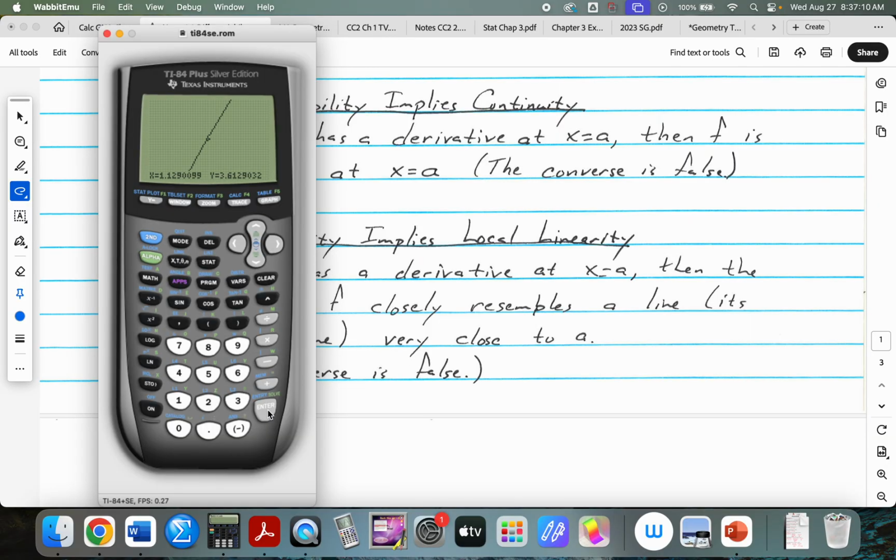I've only zoomed in 4 times, which is not a ton, and that very much is starting to look like a line, right? If a function is differentiable at any point, if you zoom in enough, it's going to look like a line.